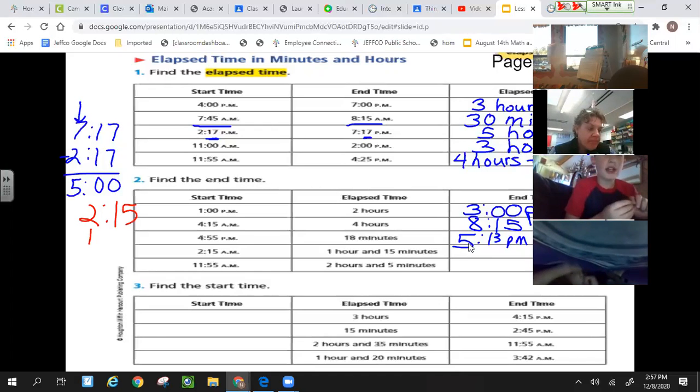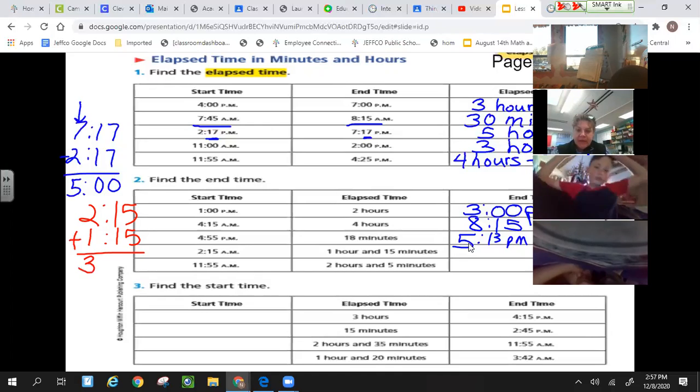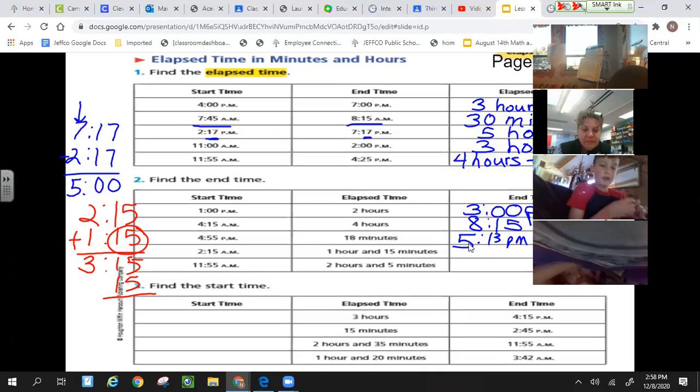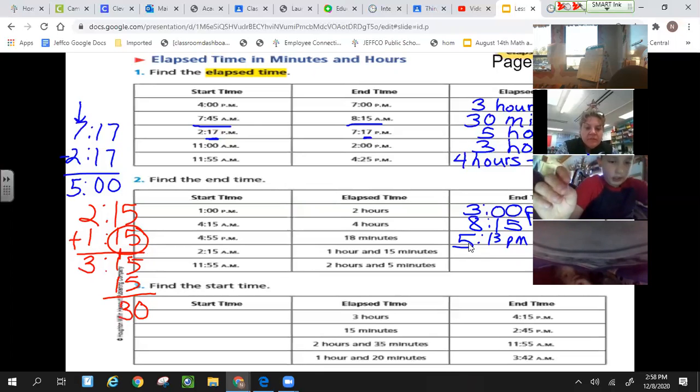Because it's an hour and 15, so it's 2:15, and after that is an hour. So it would be 3:15, and then you still have to add this 15, right? 15 plus 15 is 30.